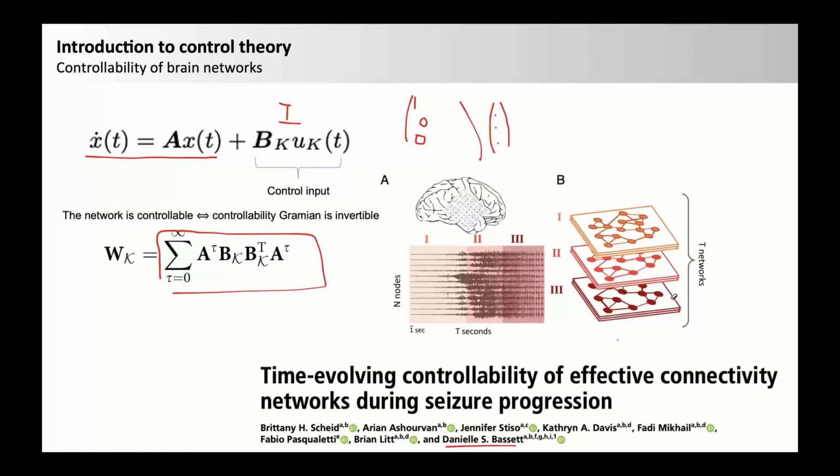So quite a cool study. I encourage you to read this. There's very simple linear mathematics behind it, as I've just explained to you. And what could this be used for? For example, if we know which regions are best to be targeted during different phases of a seizure, then we could target them.